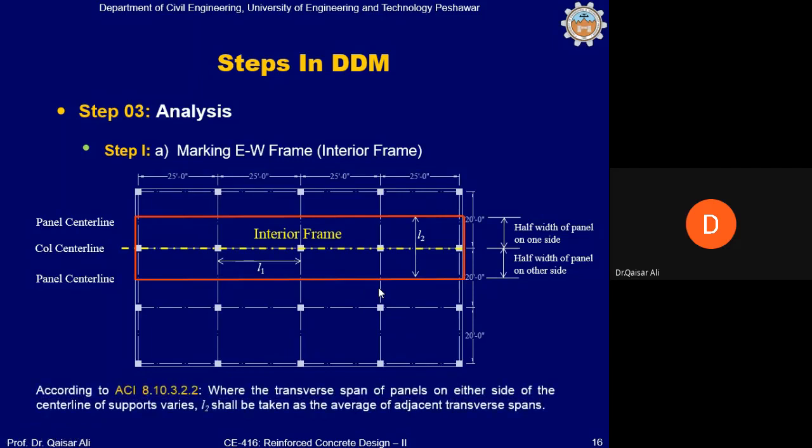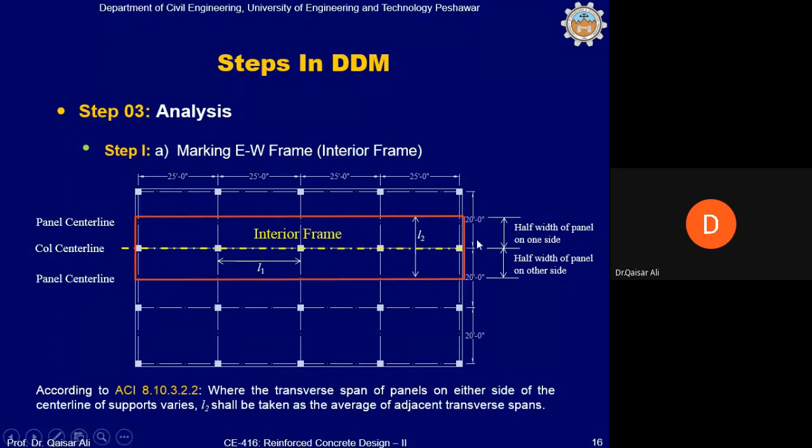And if adjacent panels are different in sizes, for example, if this panel is 20 feet and this panel is, let's say, 24 feet. First, let's see this case, where this panel is 20 feet and this is also 20 feet. So 20 divided by 2 and 20 divided by 2, the frame width is L2.